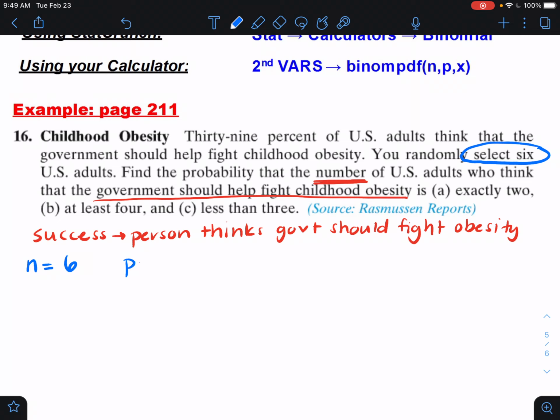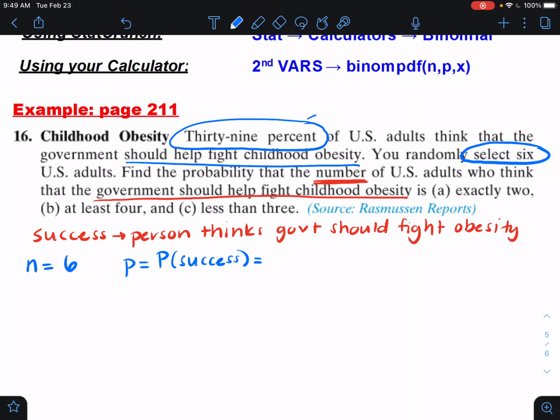Now I need p, right? P is the probability of success. Well, a success here again is that the person thinks the government should do this. And if you notice right at the beginning, you were given a percentage that corresponds to this group.